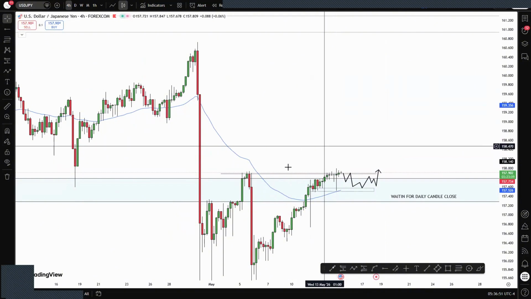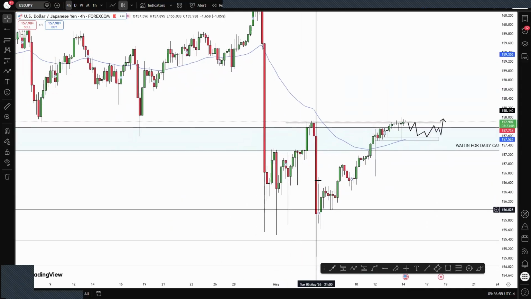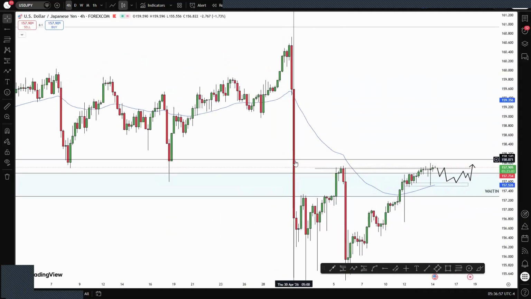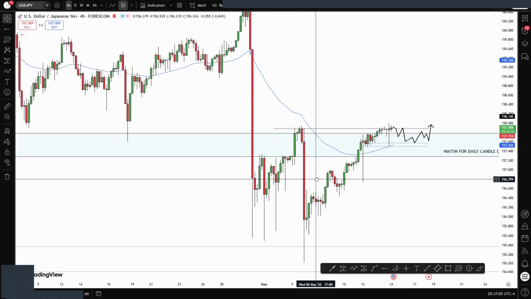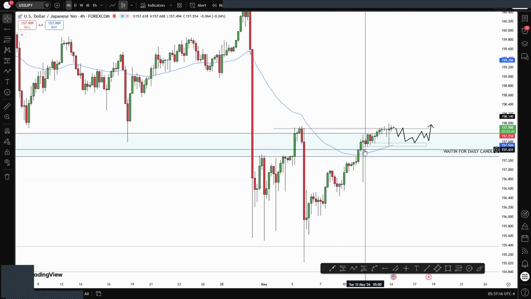Usually people would be so afraid of buying this because of the volatility it's been having since last month end, but this is the opportunity to buy because I'm now buying it at a cheaper price. So this is when I'm going to take my buy.